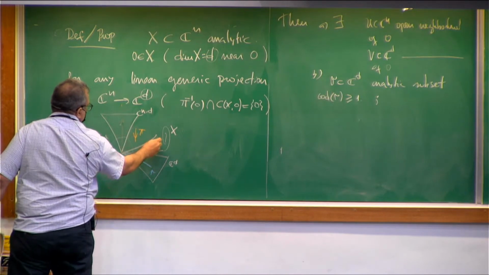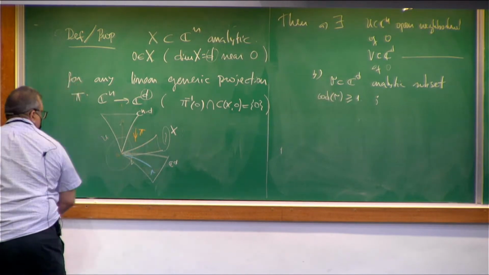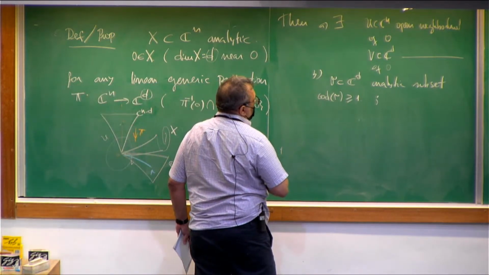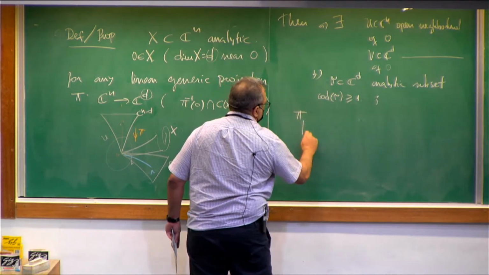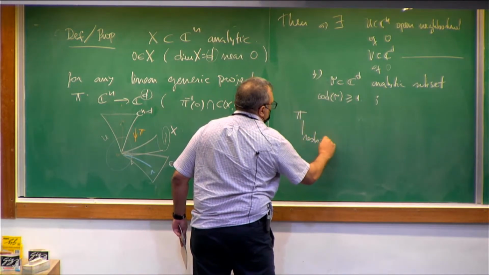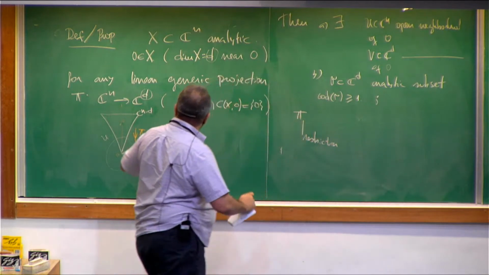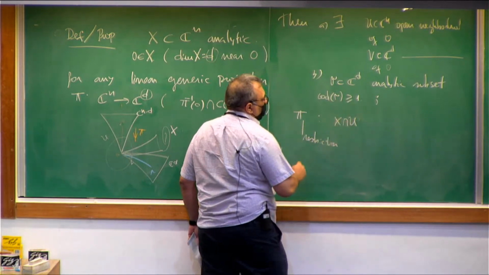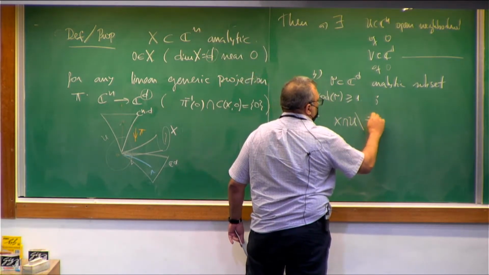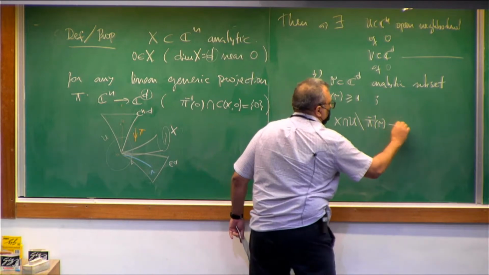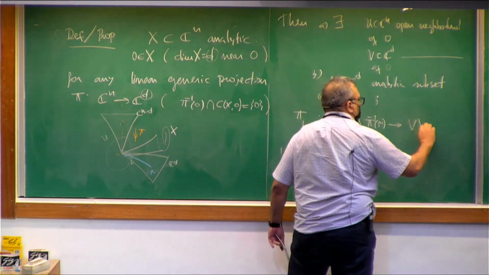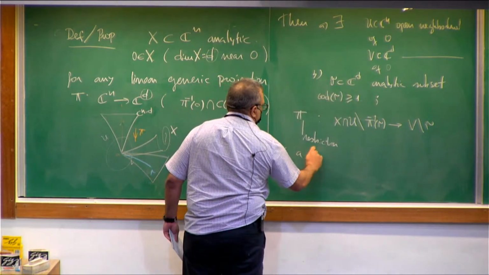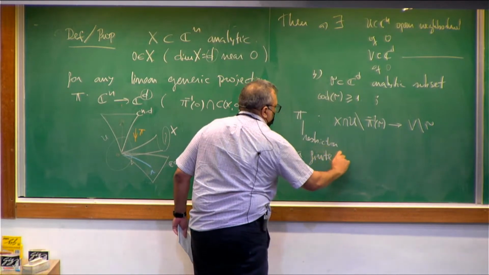you have a finite mapping, a kind of covering, such that the restriction of my projection to X intersected with this neighborhood, removing the pre-image of this ramification locus over V, is a finite mapping.